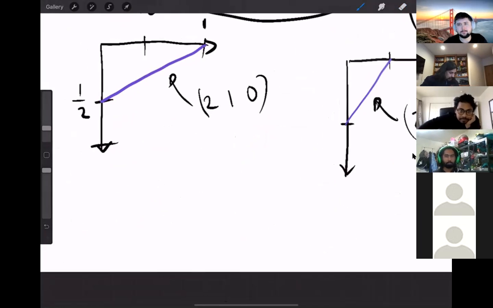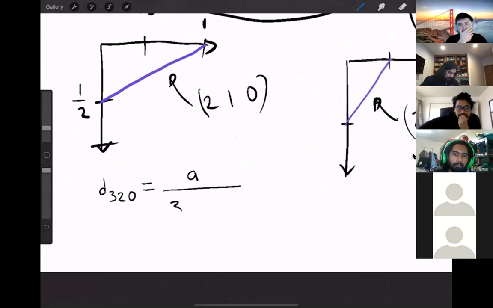So if I'm looking at the G vector, the distance between planes in the 3, 2, 0, what I end up with is A over the square root of 3 squared plus 2 squared plus 0, and I get A over square root of 13.